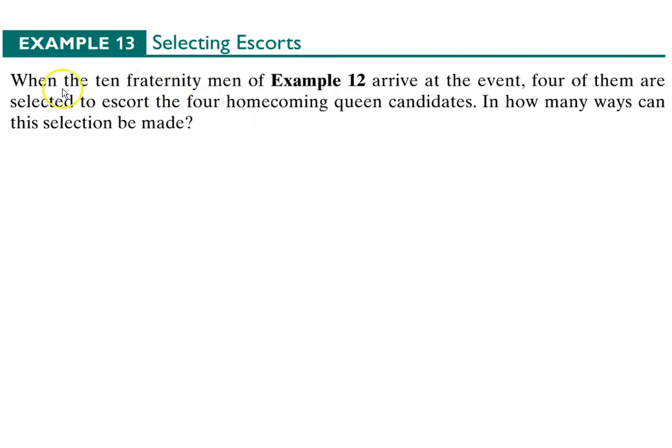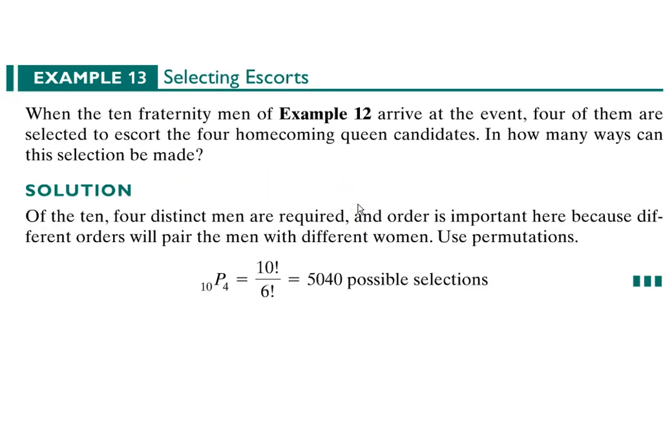Okay. Now, here, 10 fraternity men arrive at the event. 4 of them are selected to escort 4 homecoming queen candidates. And how many ways can this selection be made? Well, now, here, one of the fraternity fellows will be paired up with a particular homecoming candidate.